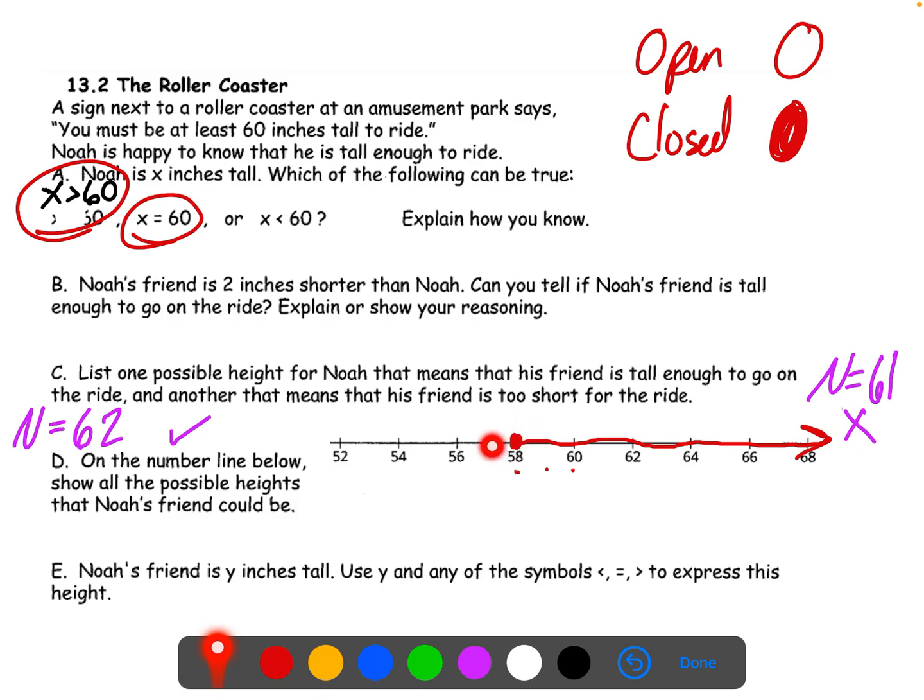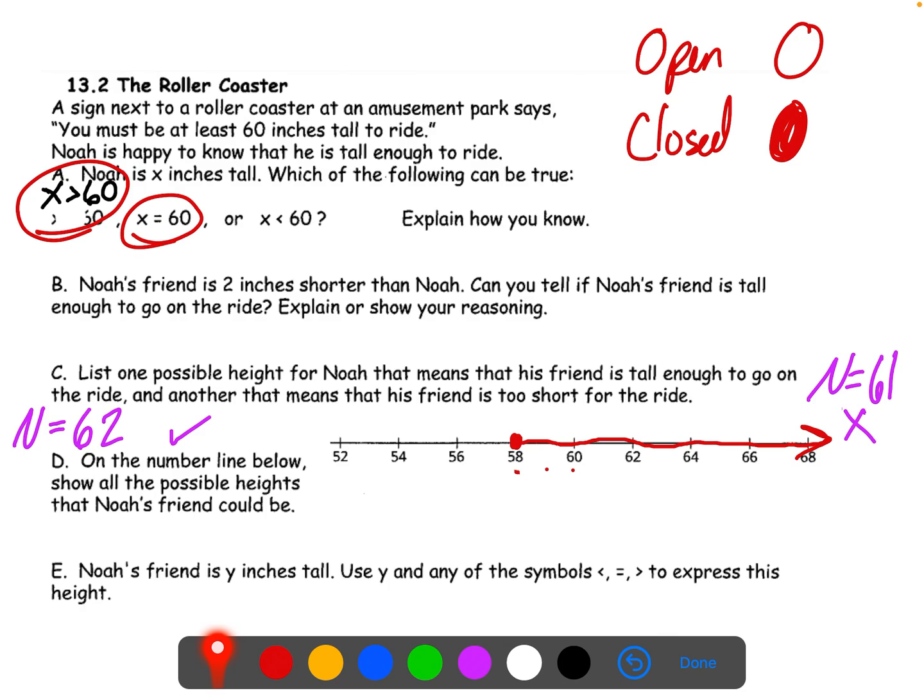If we put that empty circle there, we couldn't have a height of 58 for his friend, and that's not true. And then lastly, Noah's friend is y inches tall. Use y and any of the symbols to express his height.